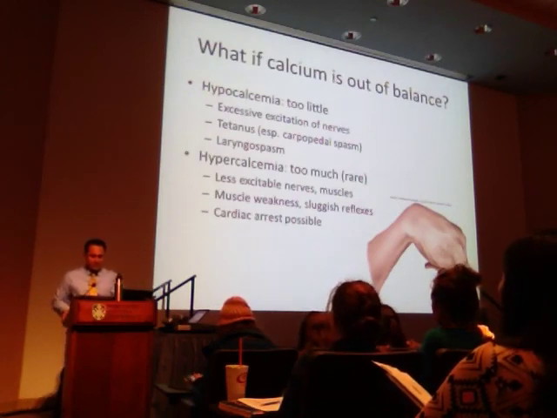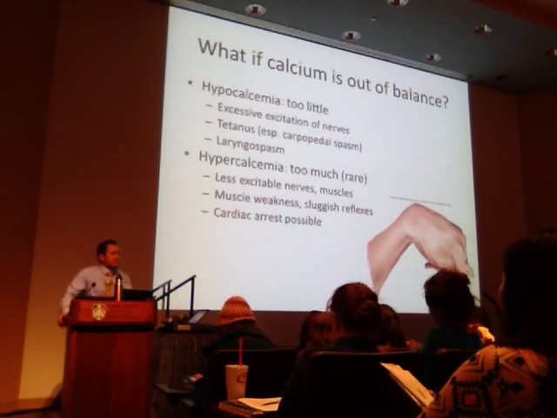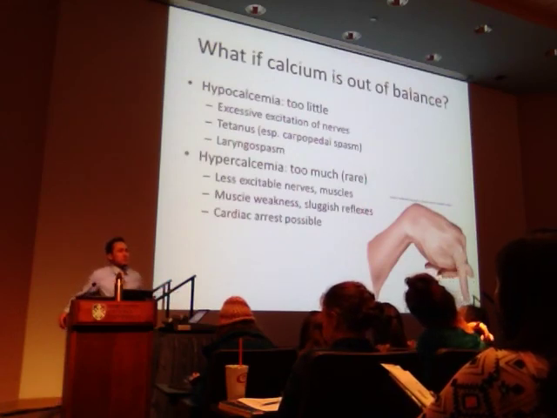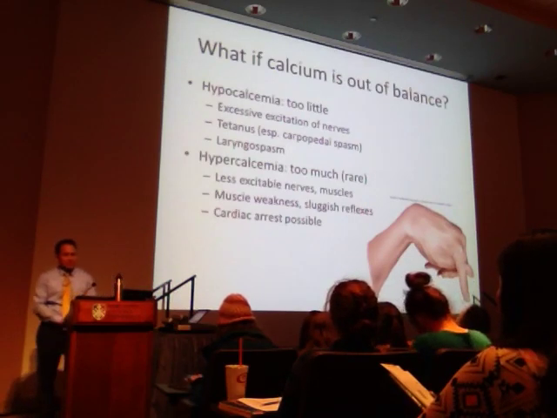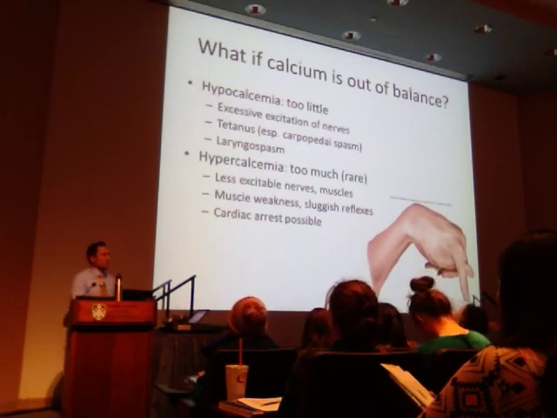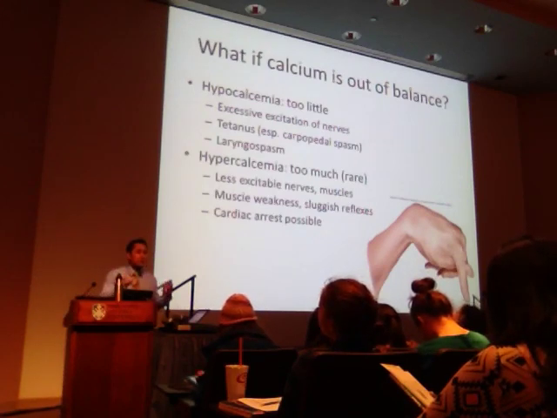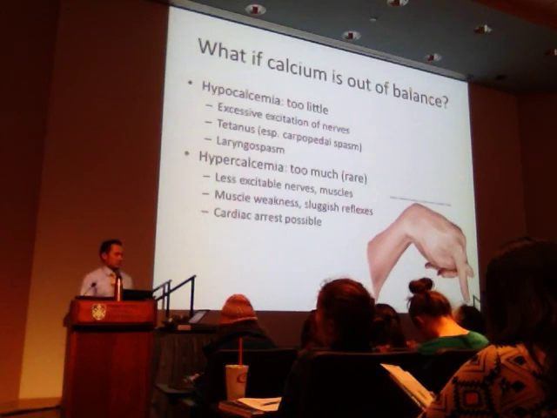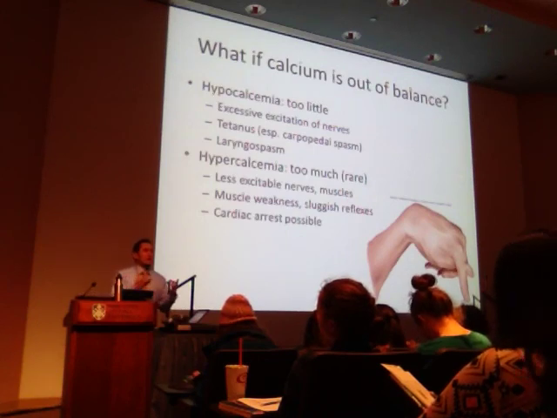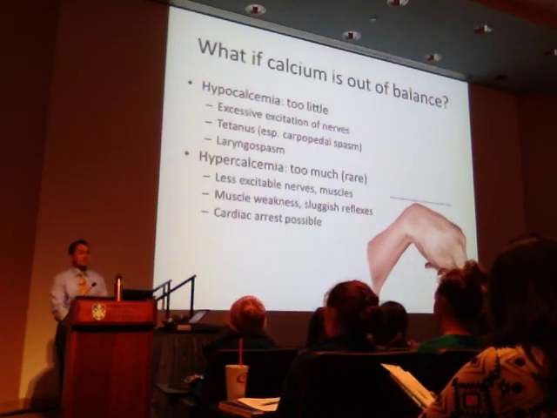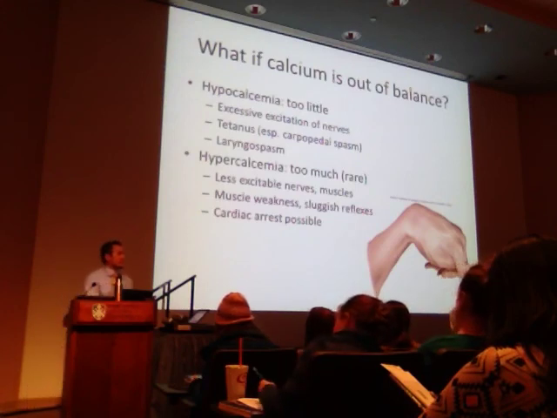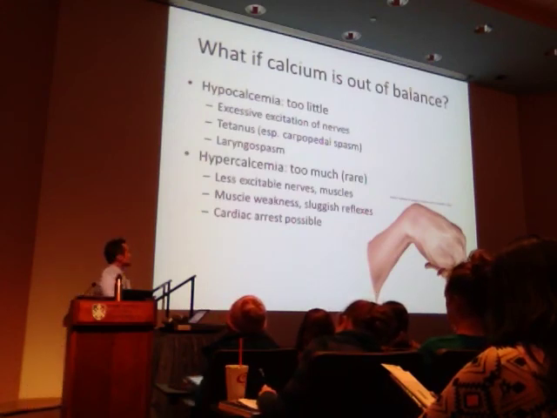You have what's called a carpal spasm, which is what's shown in this picture. You'll get spasm of muscles, and you could, unfortunately, have what's called a laryngospasm of that muscle. And so you cannot necessarily relax it. And that could be very, very dangerous in the throat.